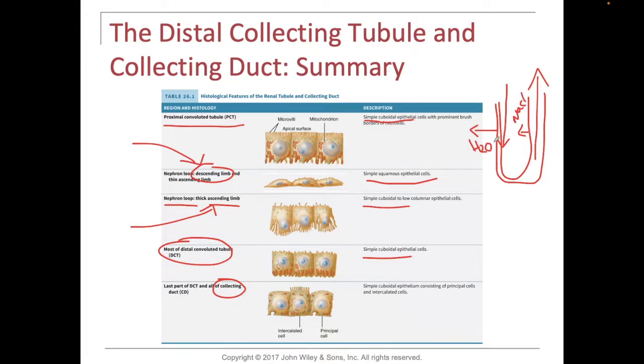So you're going to have water being pulled out of the descending limb of the loop of Henle, and then from that ascending limb of the loop of Henle, more salt. And salt and water are always drawn towards each other, right? It's just that the different limbs are going to be permeable to different types of substances based on the thickness or thinness of the epithelium. That's really the take-home message there.